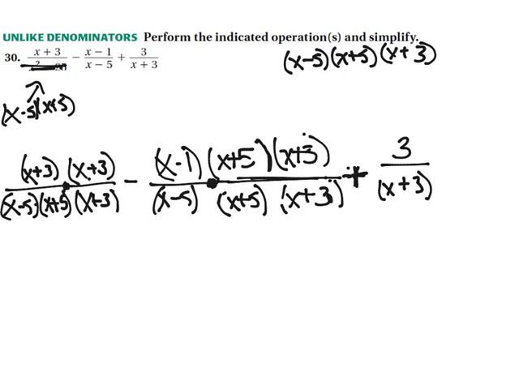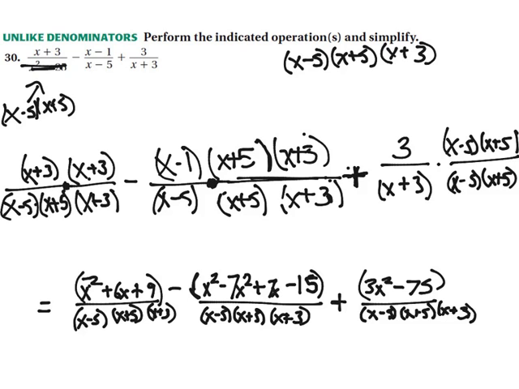So we'll multiply both top and bottom by x minus 5, x plus 5, over x minus 5, x plus 5. And then we need to simplify all the tops.